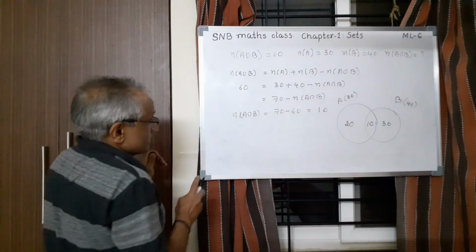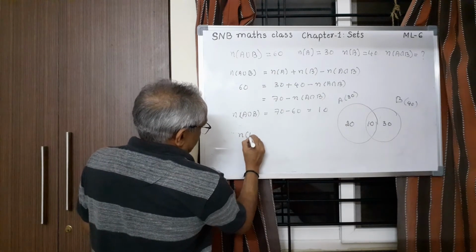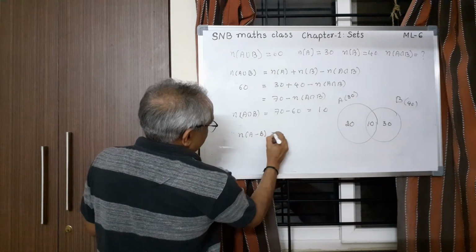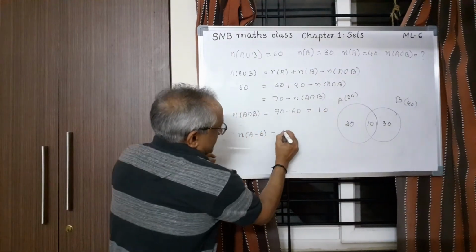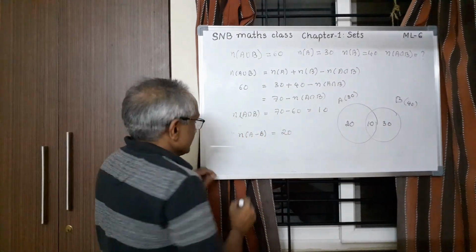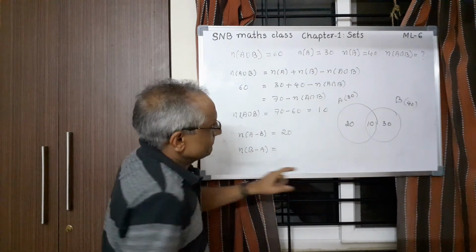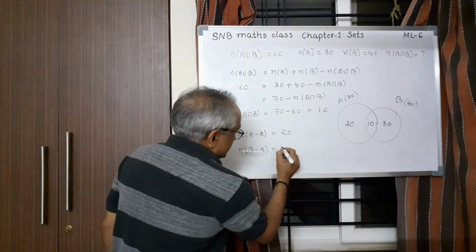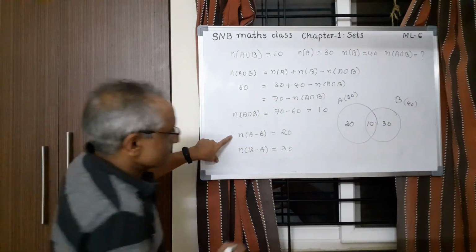Suppose I now ask, how many elements are there in A minus B? That also you can calculate. This is A minus B, it is 20. And how many elements are there in B minus A? B minus A means this one. So this is 30. Now you yourself can derive a formula for this.